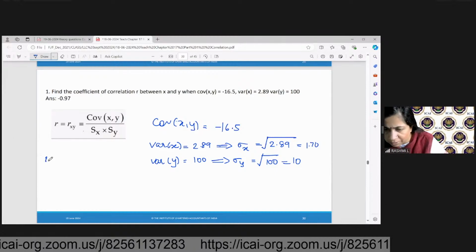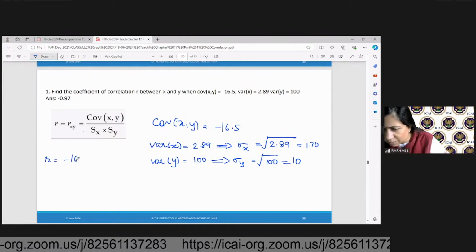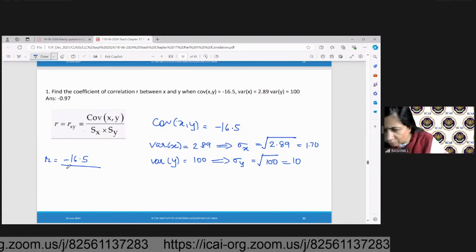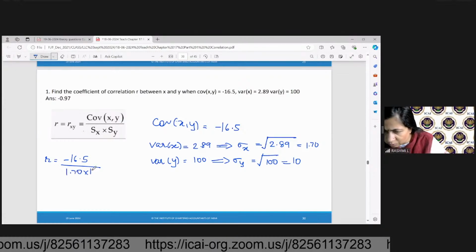So R will be equal to how much? Minus 16.5 upon 1.70 into 10.